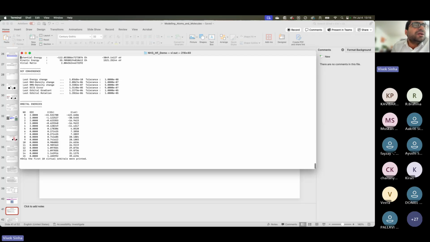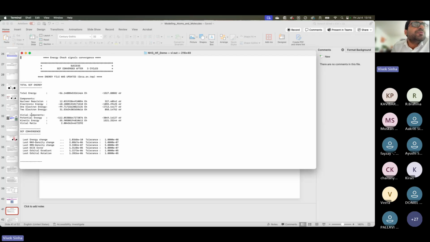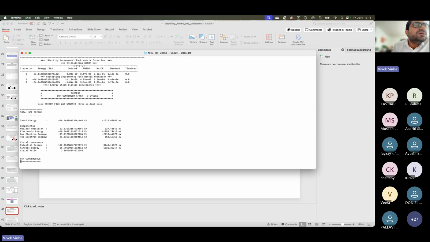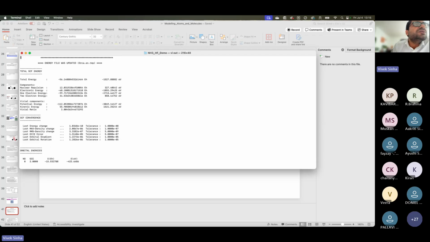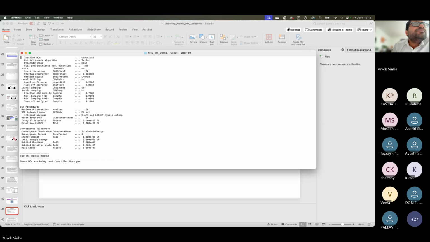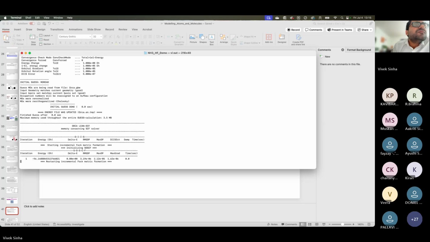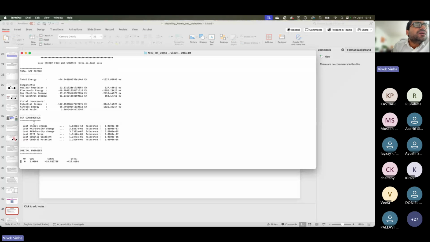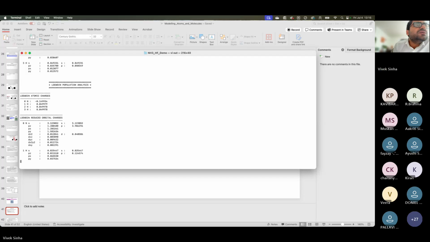And if you look at the breakdown that we saw also earlier for a previous calculation, it has a nuclear repulsion, electronic repulsion, 1 electron energy, 2 electron energy, and somewhere it will also give you the exchange correlation energy, that the overall that it has. I think it factored everything in together.